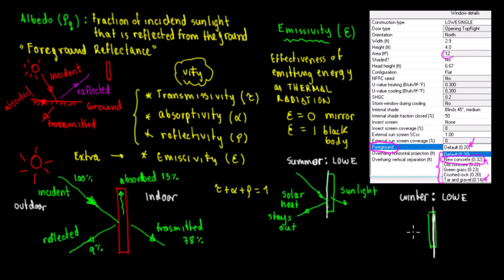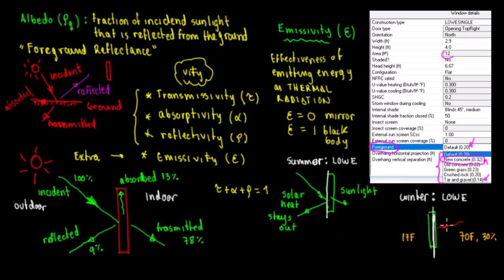Say my conditions are 17 degrees Fahrenheit outdoor temperature, and inside is my indoor design temperature, which is 70 degrees Fahrenheit and 30% relative humidity. Since outside is colder, the heat is going to try to get out.